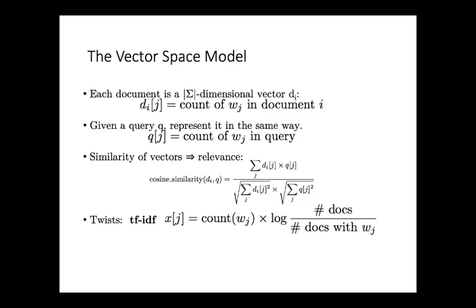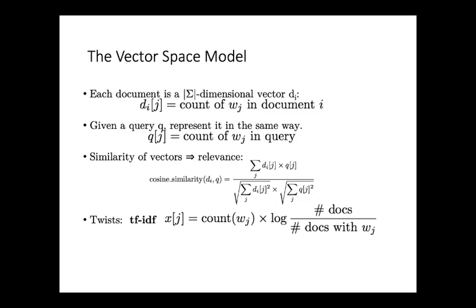So this is a kind of what's called a bag of words approach to information retrieval, where the query is basically a bag of words. It's a vector that represents the words in the query. And the documents each have their vector representations, and we can use a similarity metric to compute the similarity between these vectors.